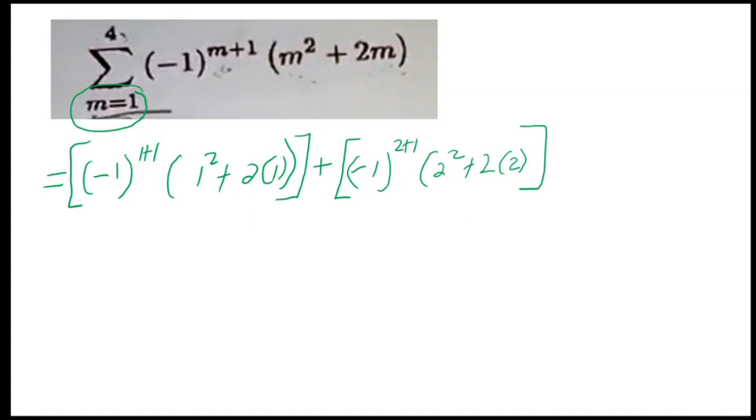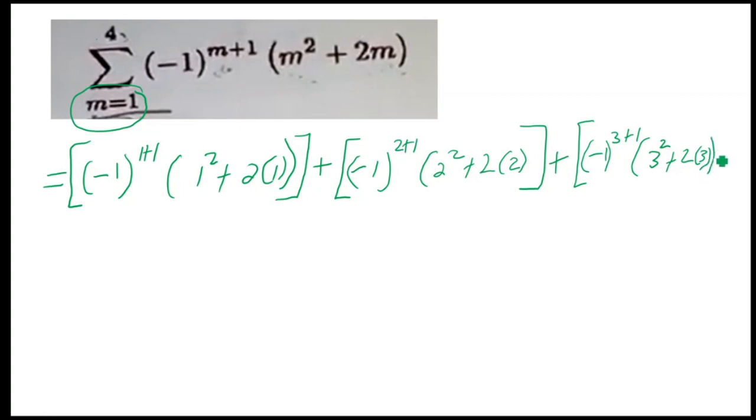Okay, and this is the second one. I need the third one. The third one is going to be, I open my brackets, minus 1 to the power 3 plus 1 into 3 squared plus 2 into 3.